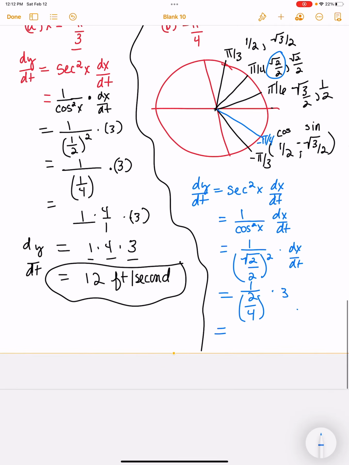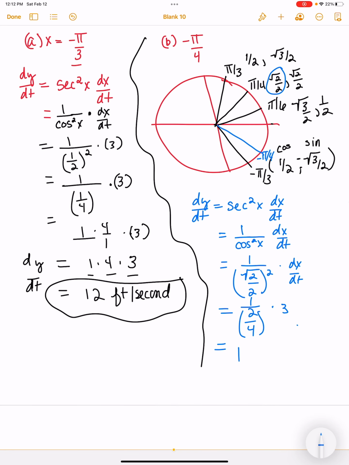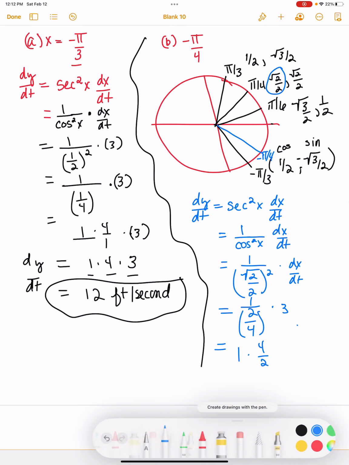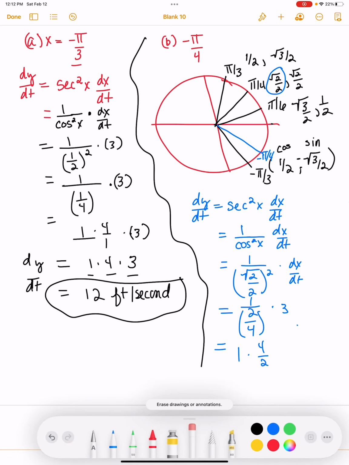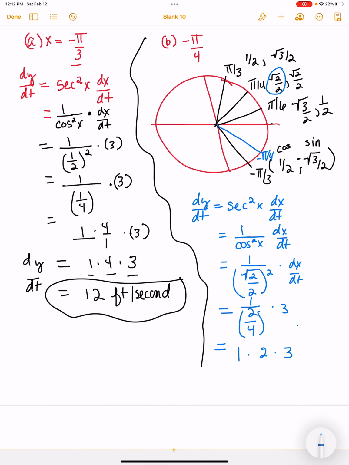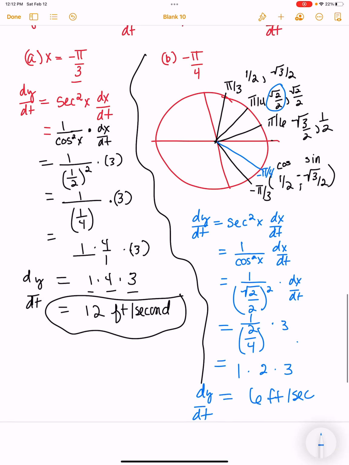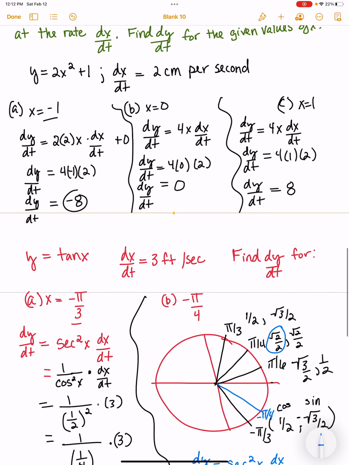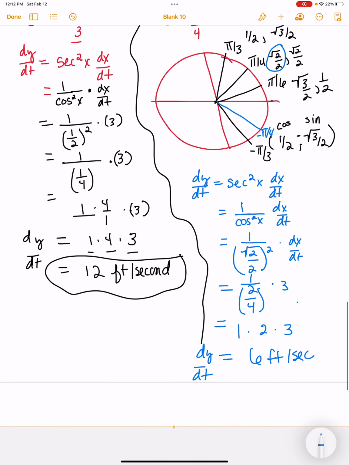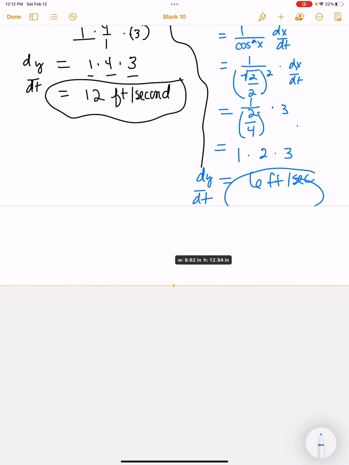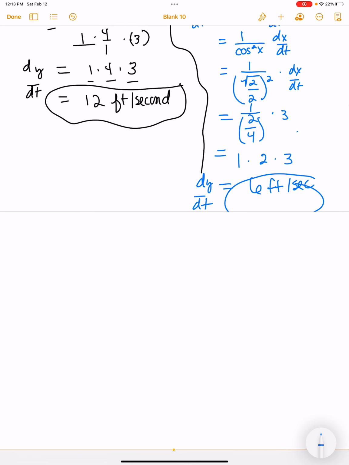So let's multiply by the reciprocal. So we have 1 times 4 over 2, which is 2, times 3 equals 6. And that is our derivative of y with respect to time when x is negative pi over 4. Super cool, right? Super cool.